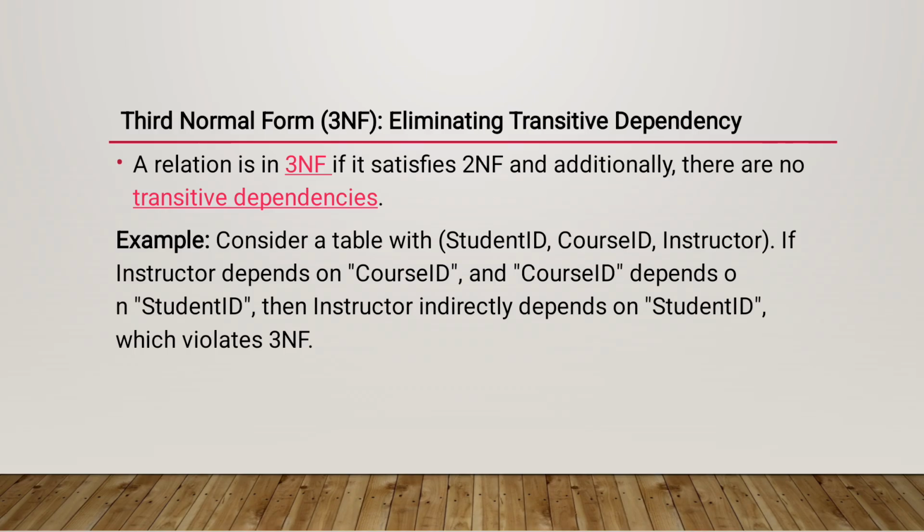Example, consider a table with student ID, course ID, instructor. The instructor depends on the course ID. That is a transitive dependency.